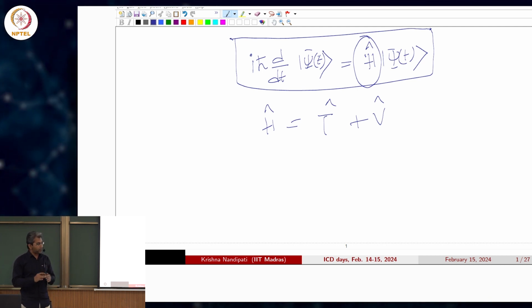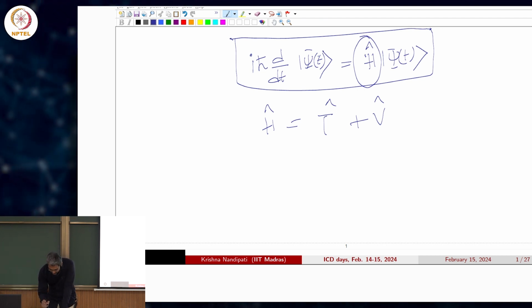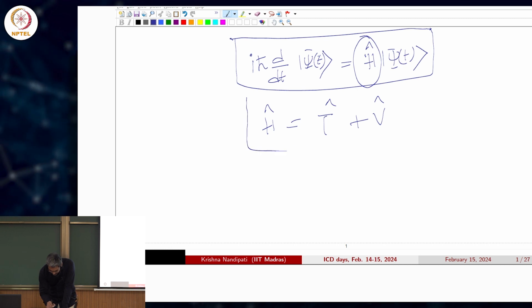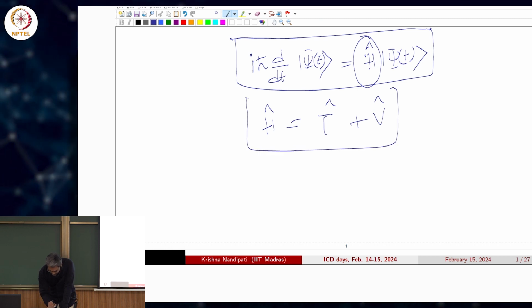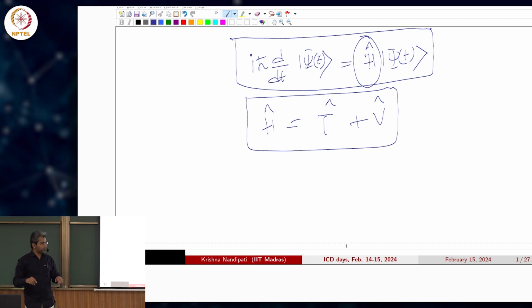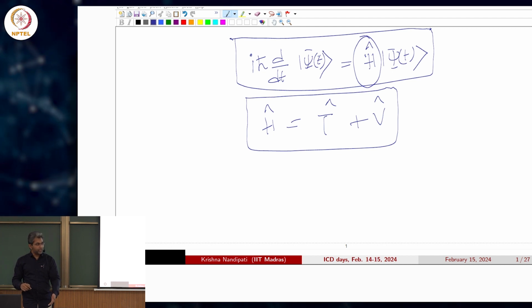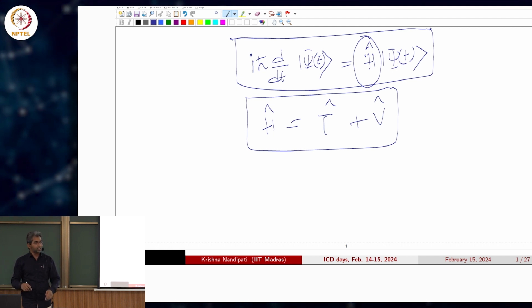Kinetic energy, one can approximate up to second derivative, which we will see. So one of the crucial tasks of quantum dynamics is constructing the Hamiltonian of the given system. That means constructing the operator for the kinetic energy and the potential energy.